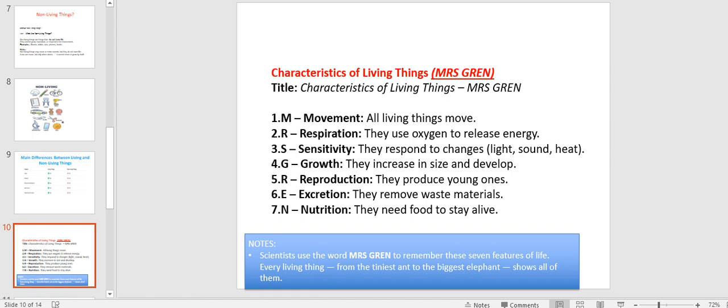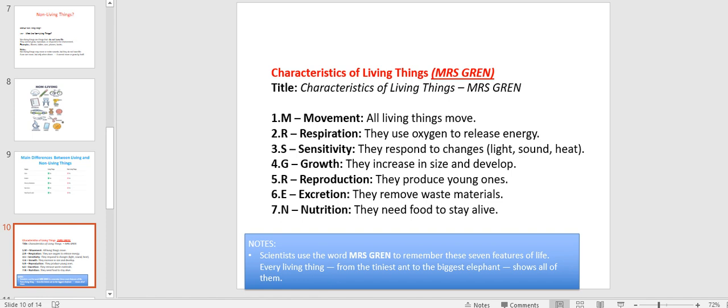So this is a very important acronym for you to remember. You can note that down, Mrs. GREN. You can also note down what all the letters represent. Please make sure you have noted that down. A note to take home.